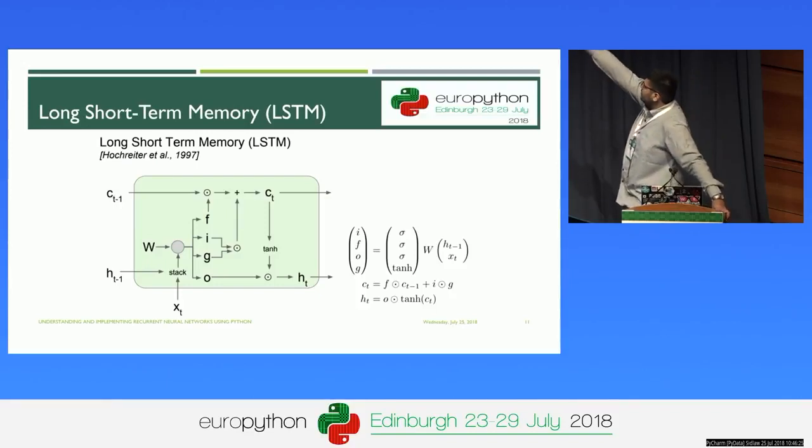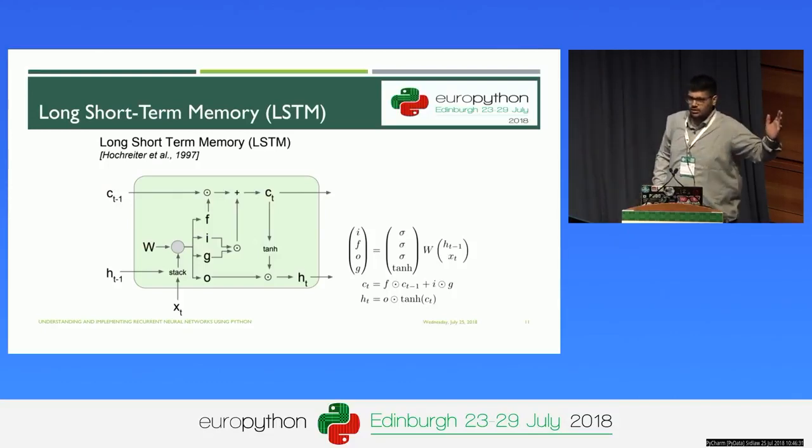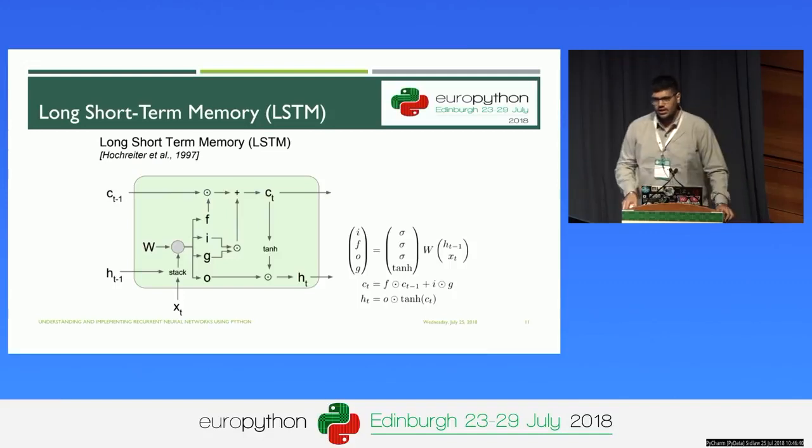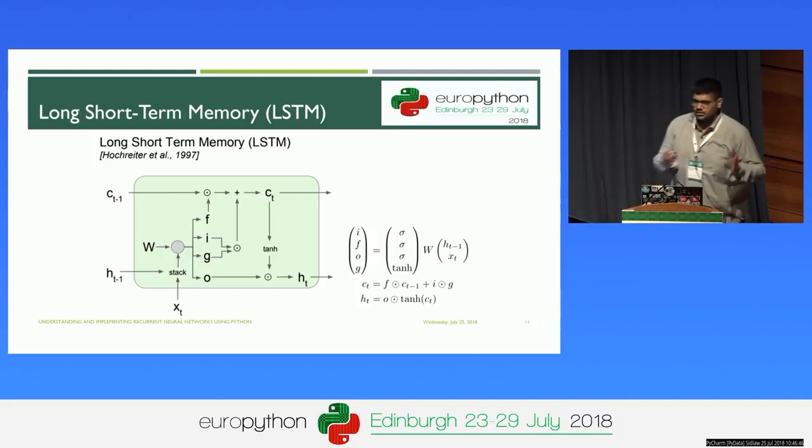CT is basically F, the forget gate, times CT minus 1, the previous state of the cell. So it is basically forgetting some part of the memory. It is like you were reading something and you forgot some part of it, but retained certain part of it.